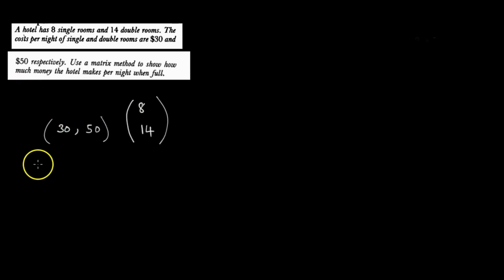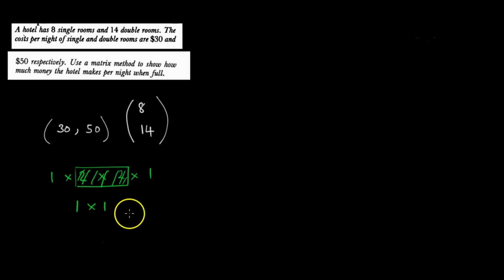We do what we have to do first. We predetermine what our answer should look like. Here, how many rows do we have? We have 1 row and 2 columns, multiplying. Here, how many rows do we have? We have 2 rows and a single column. We put our box and cancel out what is in the middle. Our answer should be a 1 by 1.